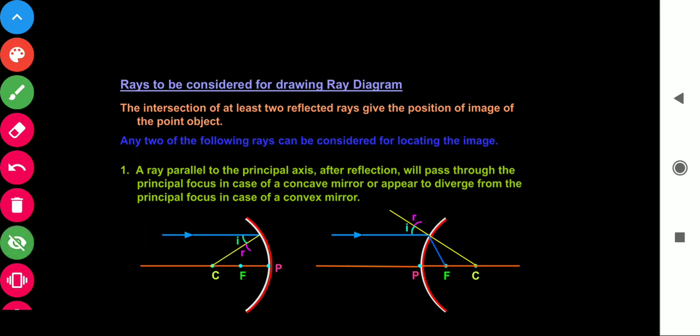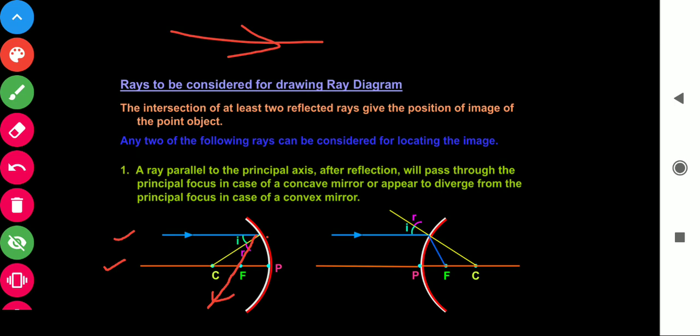The first one is whenever the light ray comes parallel to the principal axis, you can see in the diagram the incident ray is parallel to the principal axis. It always goes through the focus like that. This is the focus and this is the reflected ray.